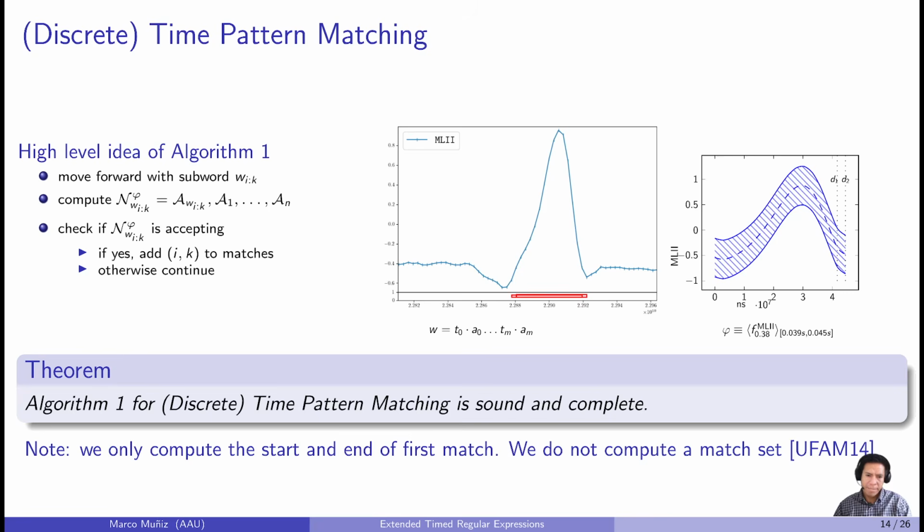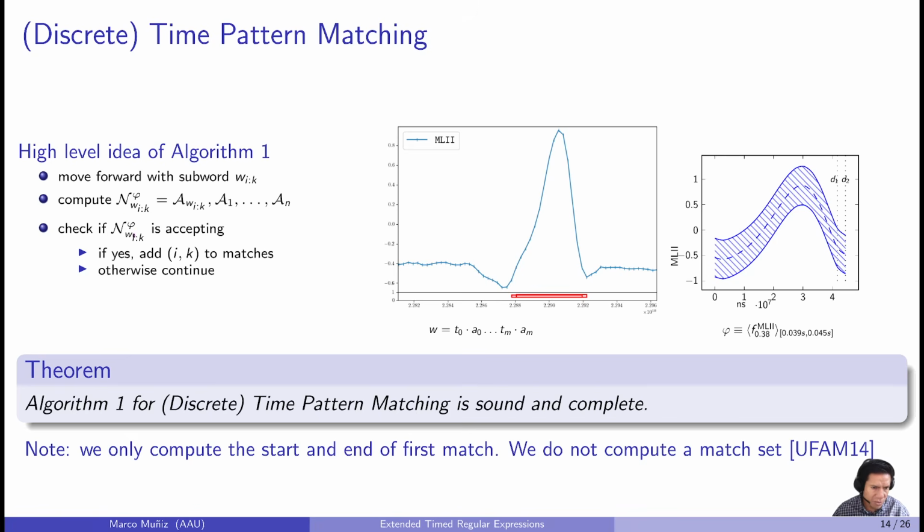This is the high-level idea of the algorithm for discrete time pattern matching. Basically, we have a time word, and we have a factor or a subword from position i to k. Then we are going to construct the automaton for that subword. Then we have the network for the expression.